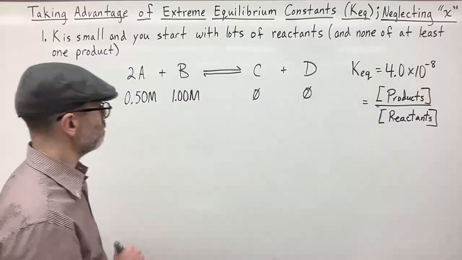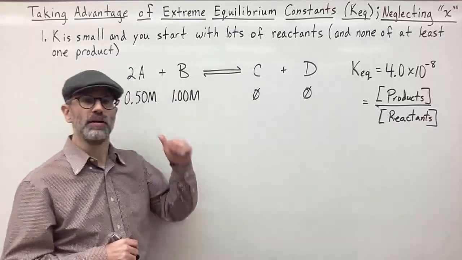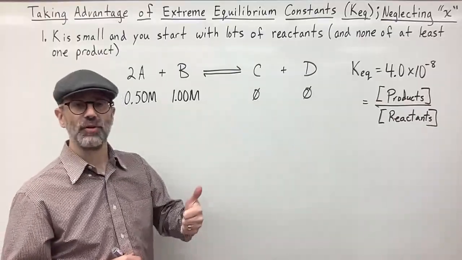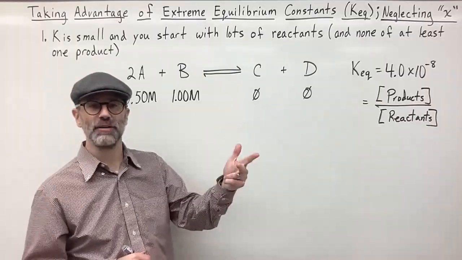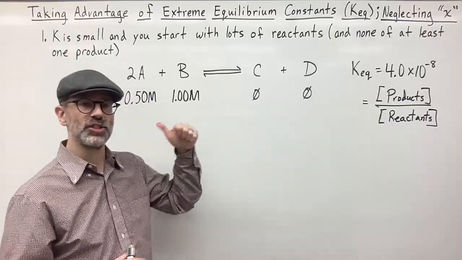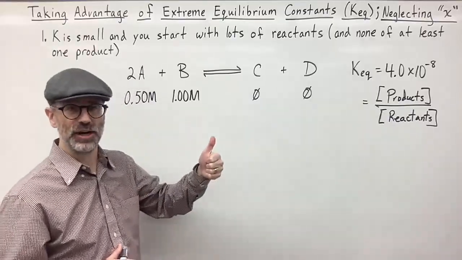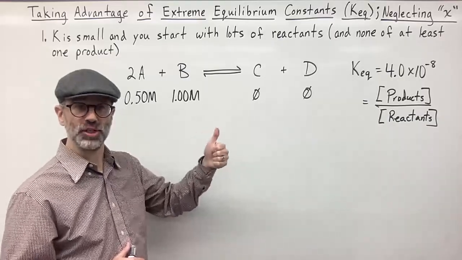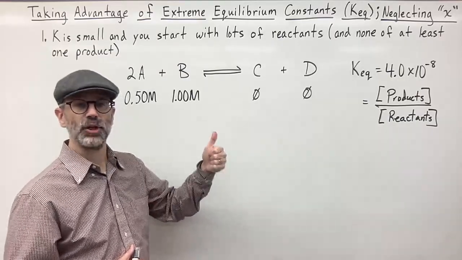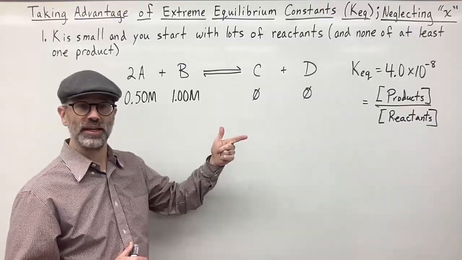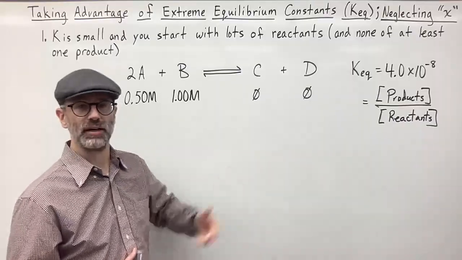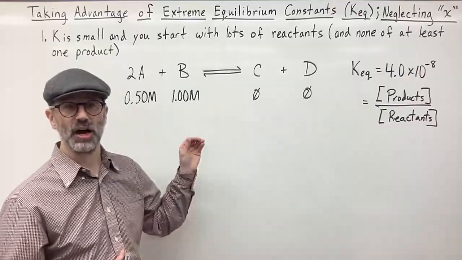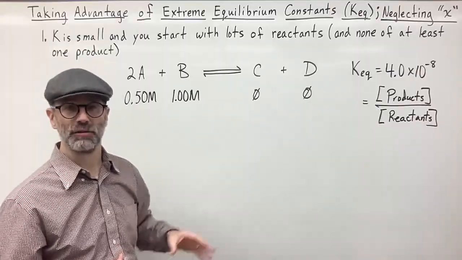If you remember, ICE stands for initial, meaning starting, C for change, and E for equilibrium. So we start with the concentrations in the beginning, that's I. Then we look at the change in the concentrations, and then the equilibrium, or what the concentrations of our species are at equilibrium.